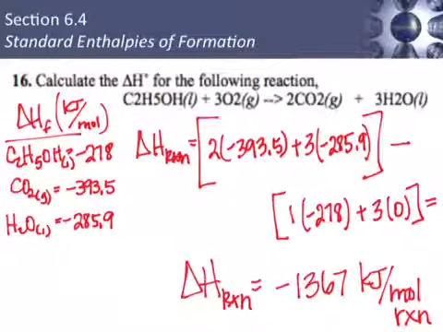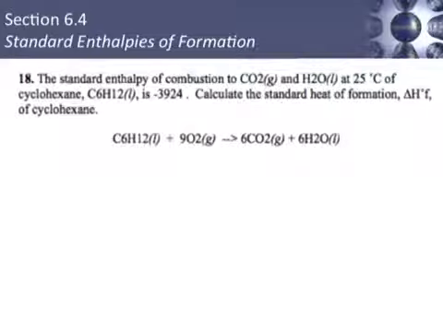Okay. Y'all ready to do the last one where we're solving for something within the product or reactant side? So we're going to come back to these HF numbers that we just had. So let's do this. Now we have the standard enthalpy of combustion for cyclohexane.